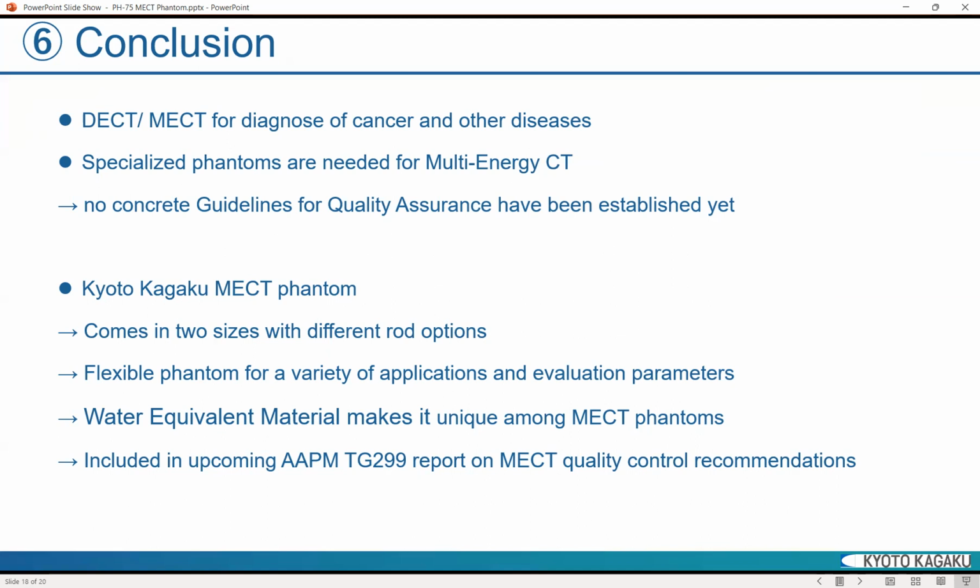Our phantom comes in two sizes with different rod options. It's a flexible phantom for a variety of applications and evaluation parameters. And our water equivalent material is quite unique, especially among other phantoms for those devices.